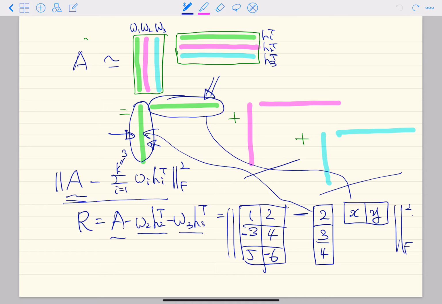So this is how we perform block coordinate descent using the 6-block based setting.